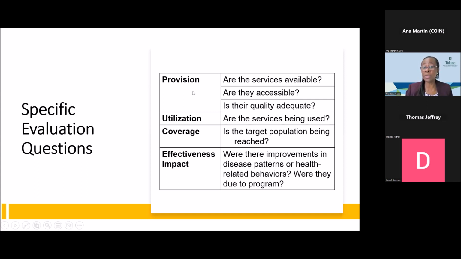While you can look at provision, and to some extent utilization and coverage, using routine information systems, whether developed by projects or health facilities or the Ministry of Health, for effectiveness and impact, you almost always need some kind of field data collection, and that has some costs associated with it.